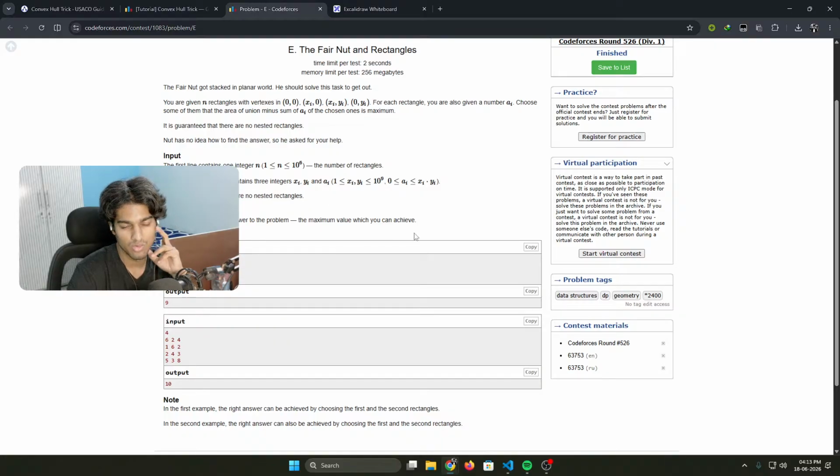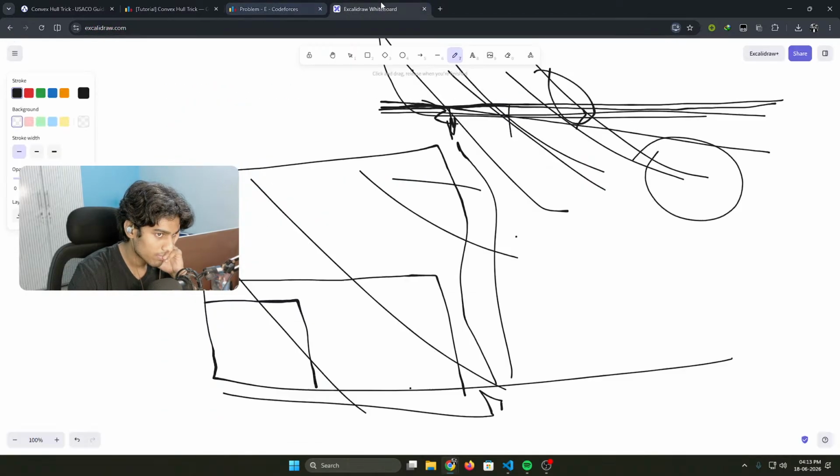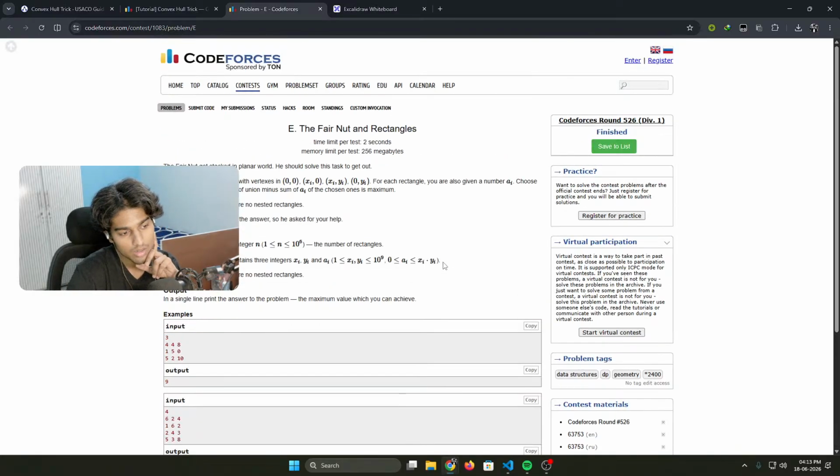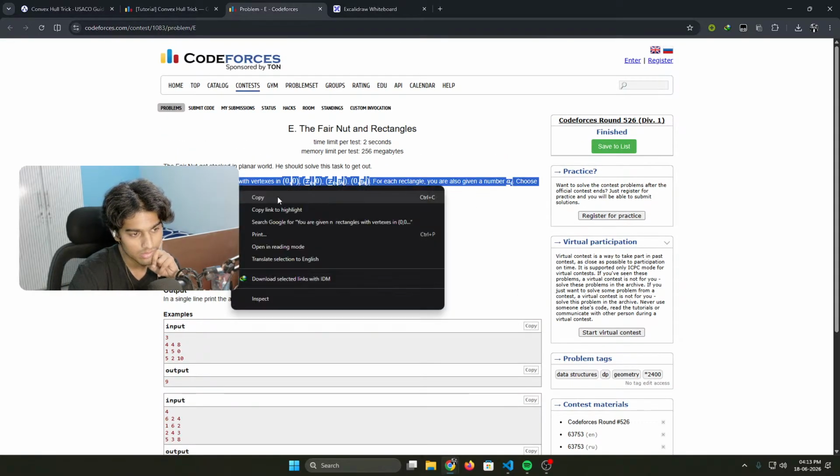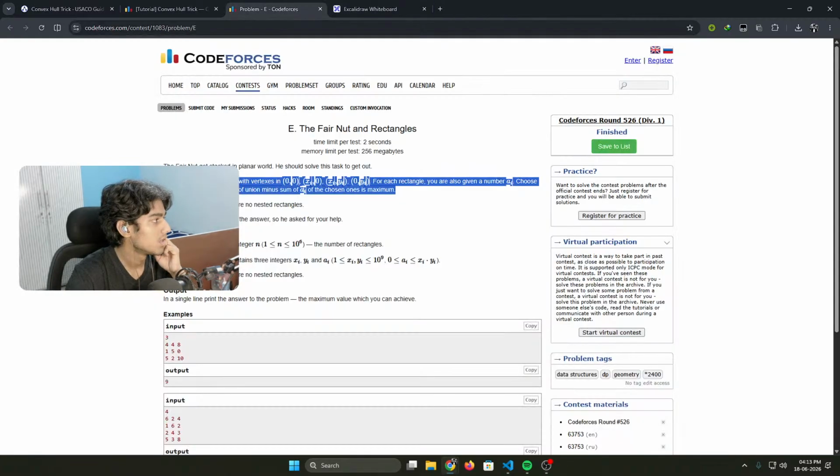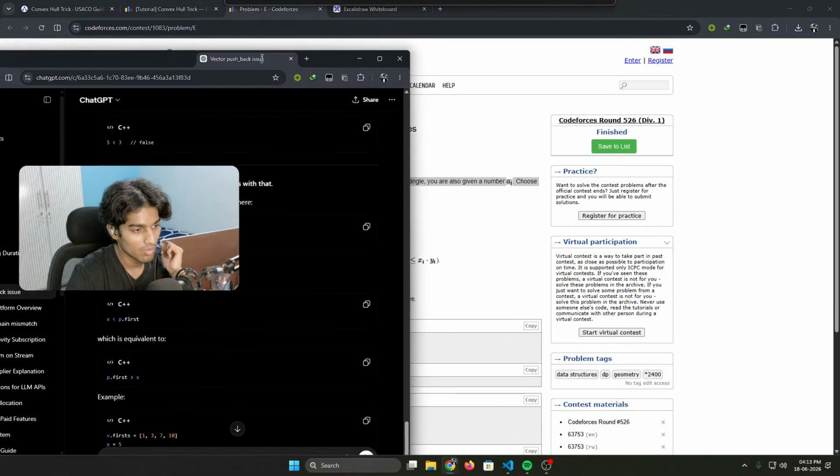What does this mean? No nested triangle. We are given this stuff. What should I do? Let me ask GPT. What does this mean?